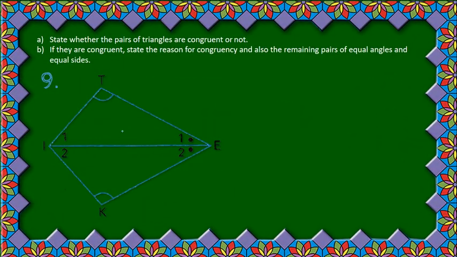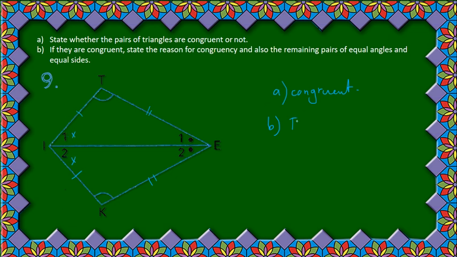For question 9, once again we've got these mirror images of each other, so this is again quite a simple one. T is equal to K, this IE is a common side, and E1 is equal to E2, so this is congruent. And then for B, we have the other sides, these two sides being equal, these two sides should then be equal, and then the final two angles should also be equal.